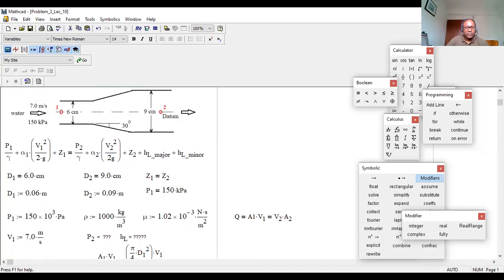And in the problem, it only says figure out the head loss in that area, but it doesn't say that you have to figure out the major head loss or minor head loss.